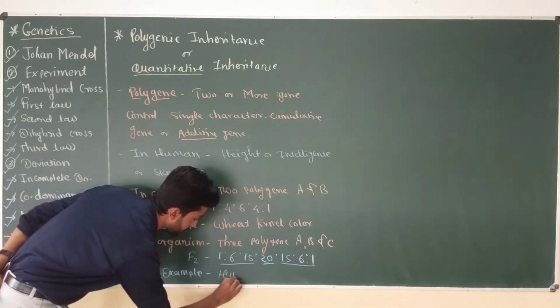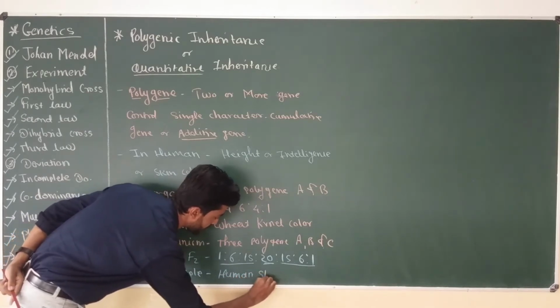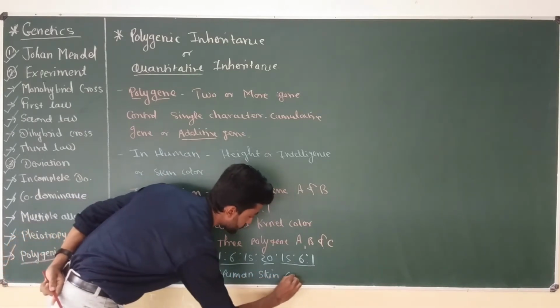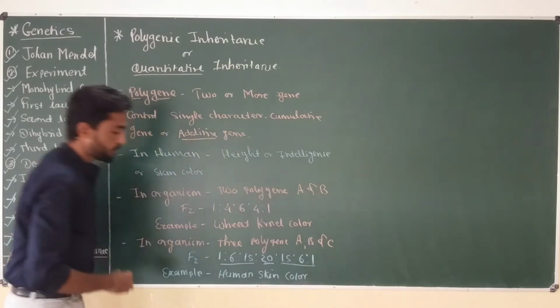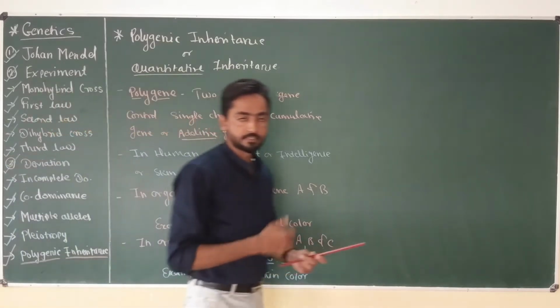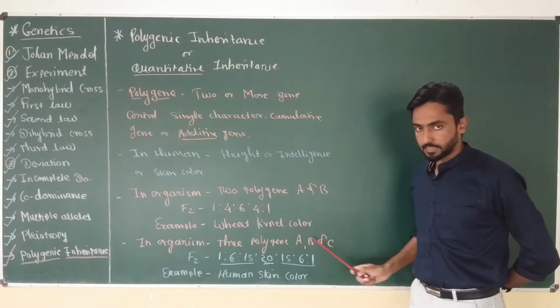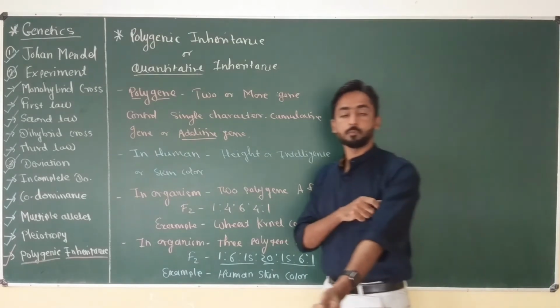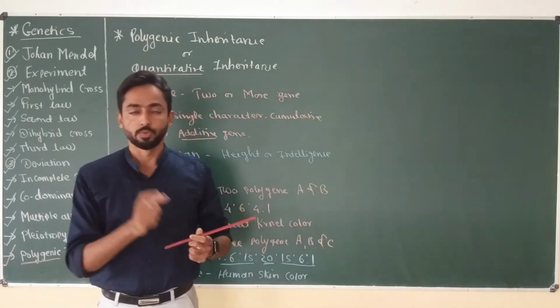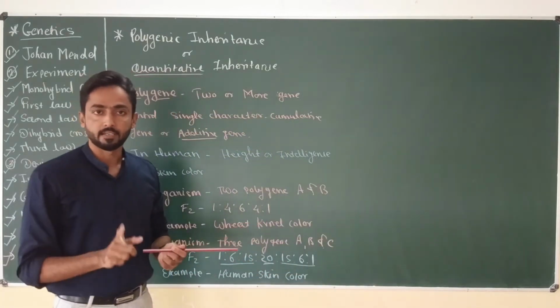human skin color. In human beings, skin color, as I told earlier, is controlled by three genes A, B and C. These three dominant genes are responsible for melanin pigment production, which ultimately decides skin color in humans.